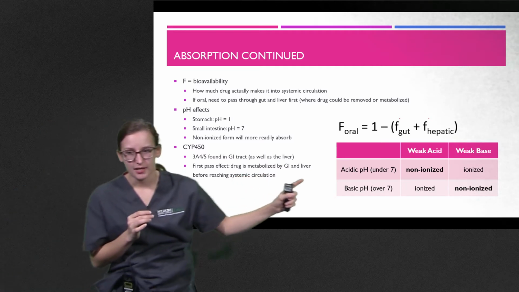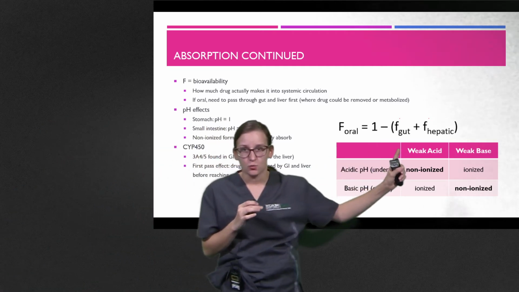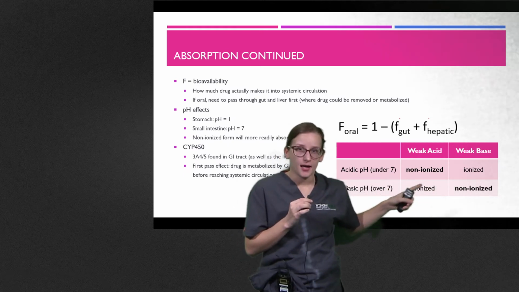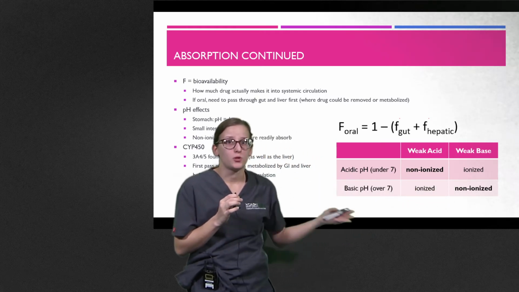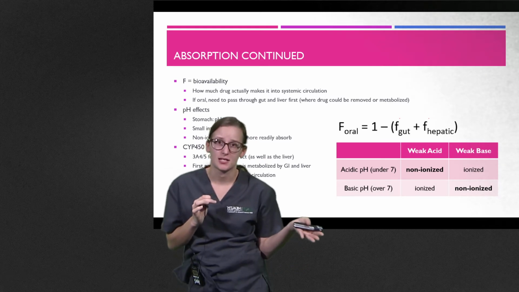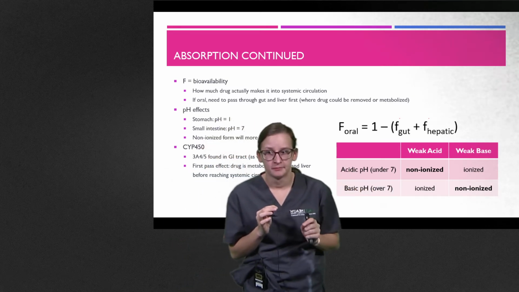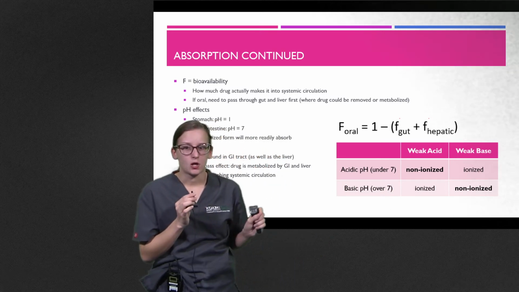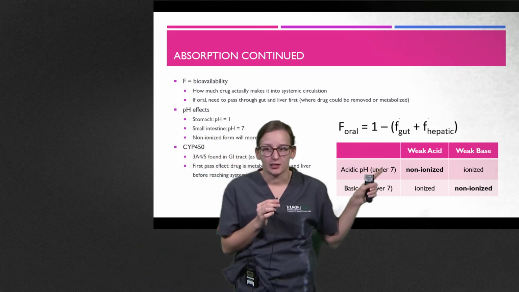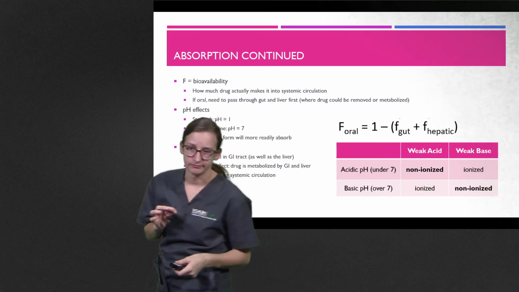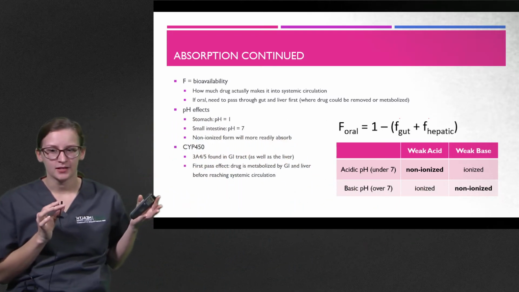And then I have a little chart here that I tried to make showing, if it's a weak acid or weak base, what kind of pH will it be non-ionized in? And if it's non-ionized, it will pass through the cells a lot easier than if it was ionized, so it would bounce off. So usually a weak acid will be non-ionized at a low acidic pH, weak bases at a higher pH.